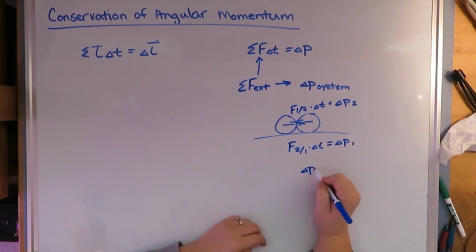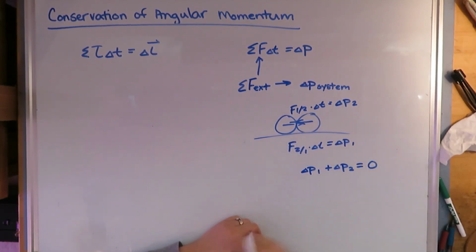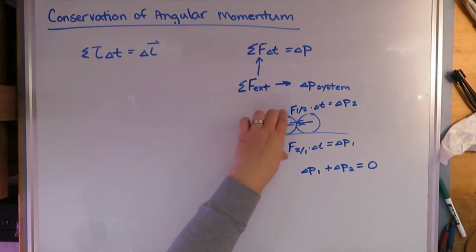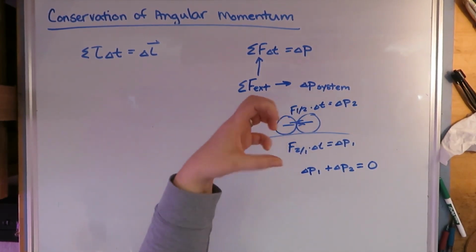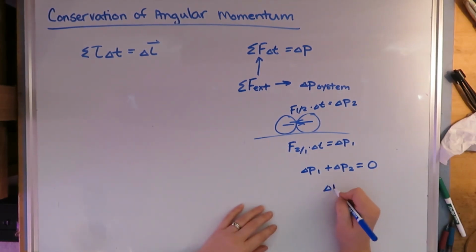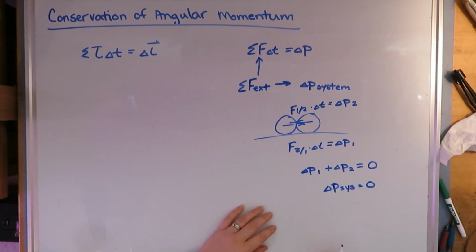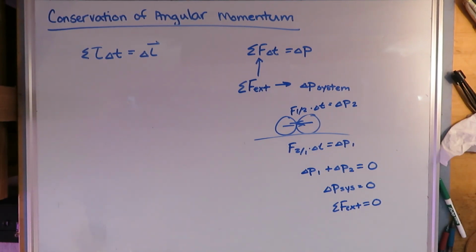But the change in momentum for object 1 plus the change in momentum for object 2 would still have to add up to 0, because F of 1 on 2 and F of 2 on 1 are internal to your system, so the change in momentum for the system would still have to equal 0, because the sum of the net external forces was 0, since all the forces present were internal forces. So that was what we did for linear momentum.